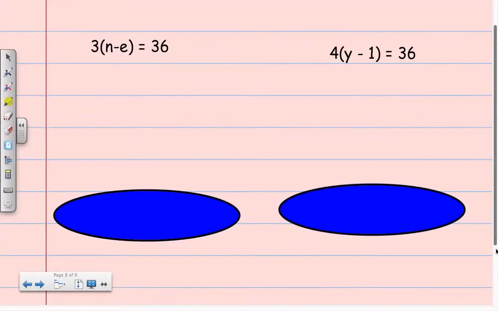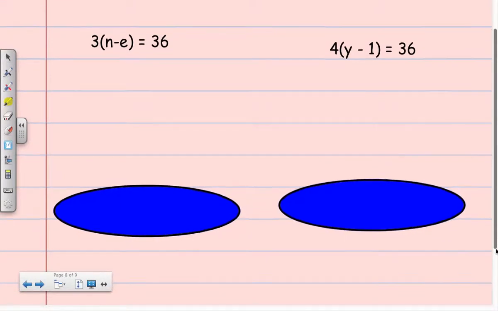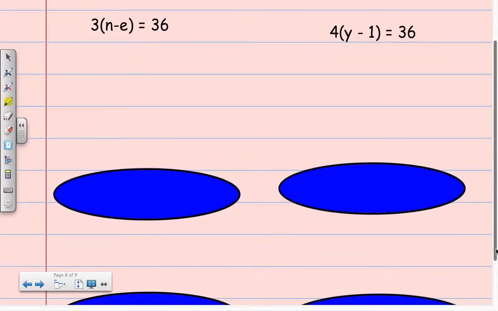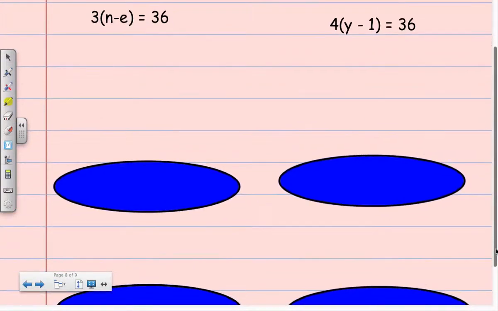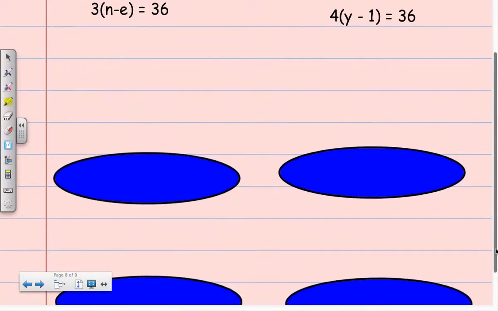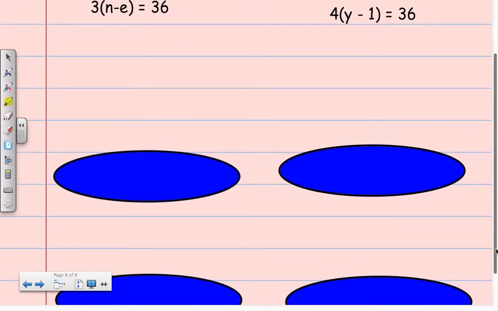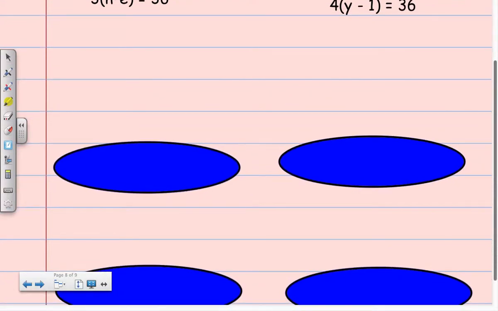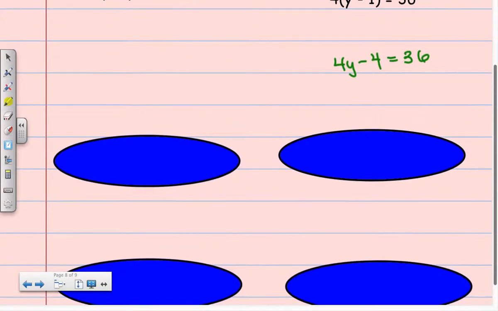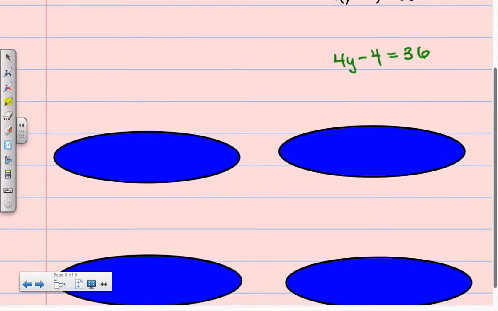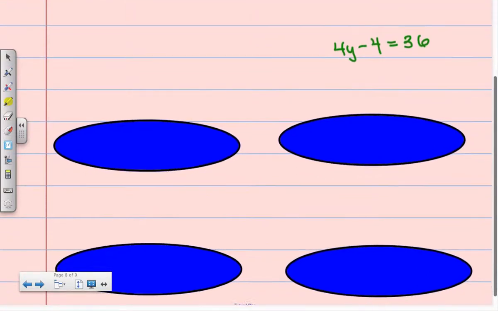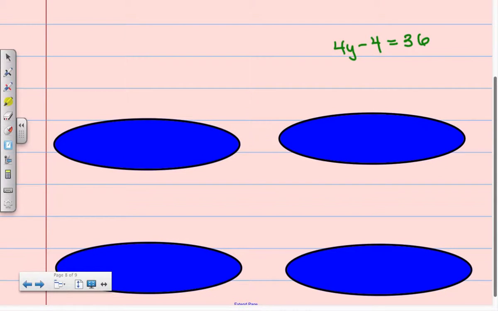We get 4y minus 4 is equal to 36. Now I'm going to add 4 to both sides, and we get 4y is equal to 40.